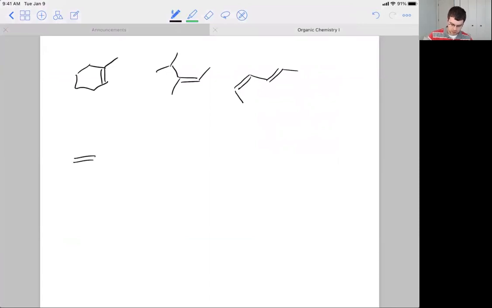Let's pick a molecule with two of the same group on either side. And then let's pick a molecule with non-carbon based atoms. Okay. All right, so let's look at each example here.